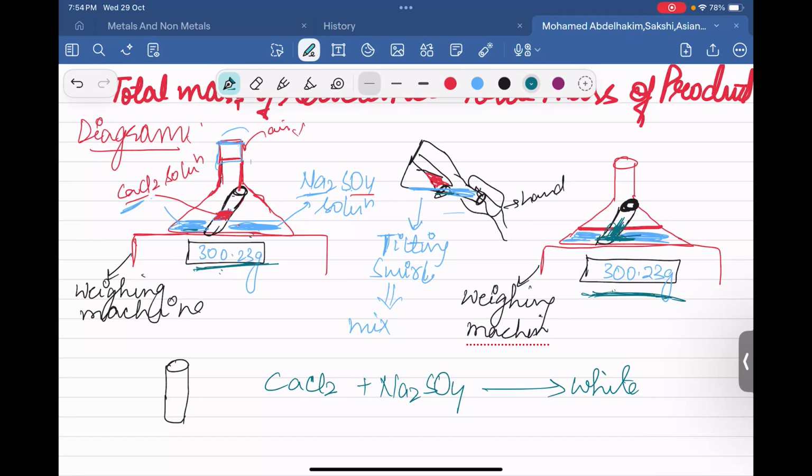Previously they were separate: calcium chloride was one solution, Na2SO4 another, and the total weight was 300.23 grams. After mixing and shaking, they form a product, a white precipitate, and when we weigh it, it comes to around 300.23 grams. That is the same.